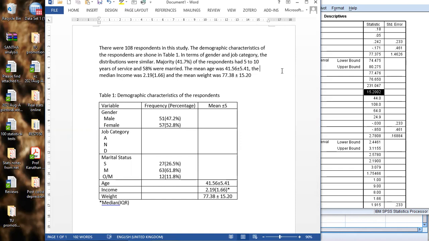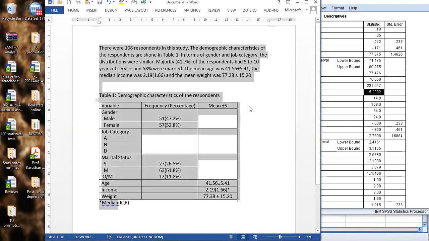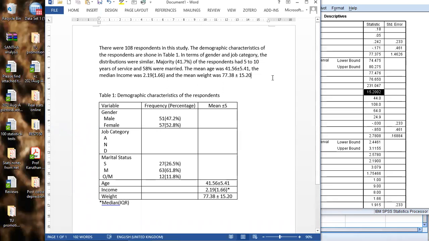So later I give an assignment. First you must tell who the respondents are in this study. After that, maybe you do regression, ANOVA, whatever follows up. First, you must tell who your respondents are.